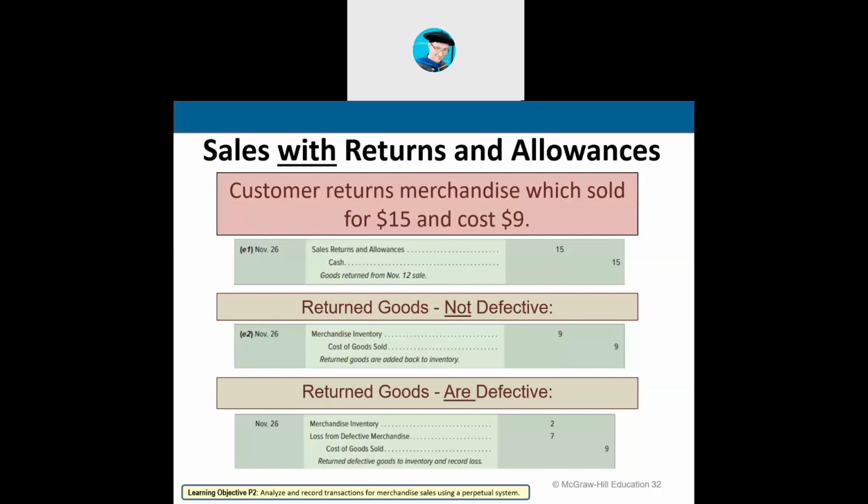We debit that if the merchandise is defective. And we credit cost of goods sold. I'll tell you this, when you go to do your taxes for the business at the end of the year and you see this loss from defective merchandise, you can write that off. That's a little side note for those of you who have businesses that deal with that type of stuff.